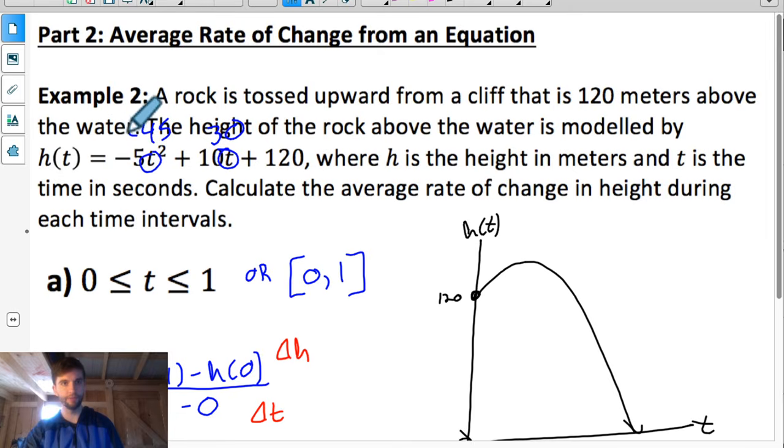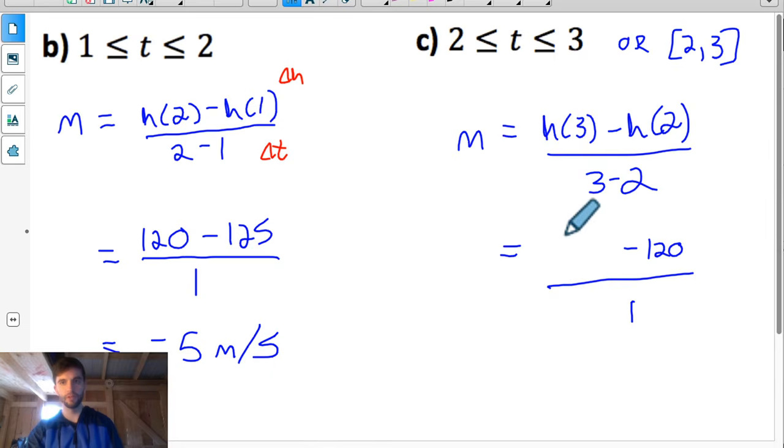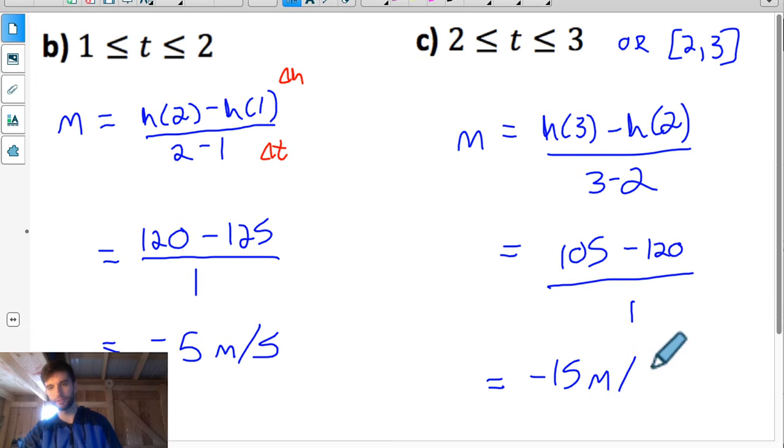So I have negative 45 plus 30, that's negative 15, plus 120, that's 105. So I have 105. 105 minus 120 divided by 1, that's negative 15 meters per second.